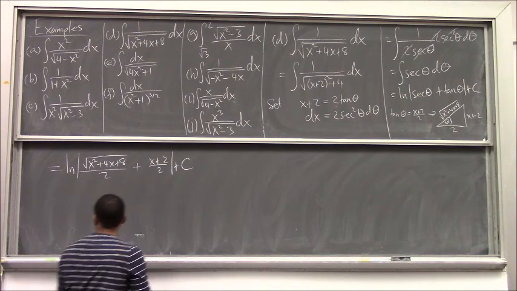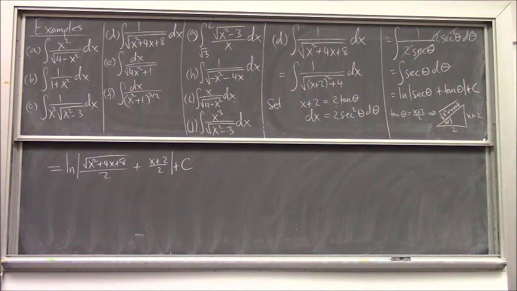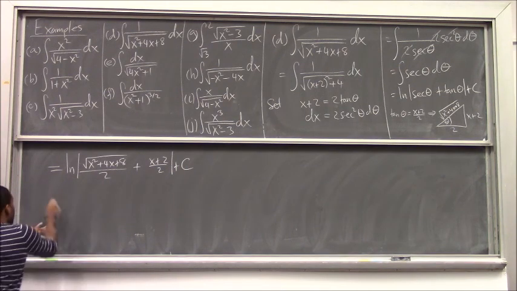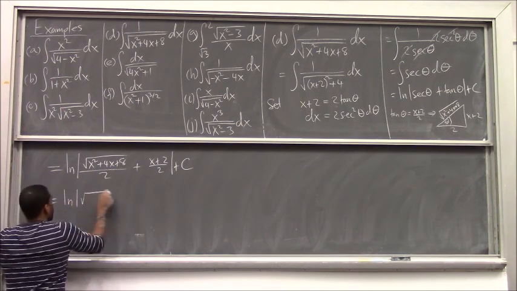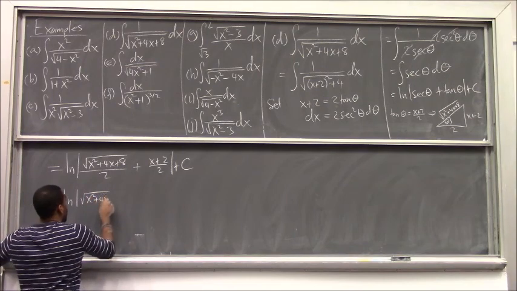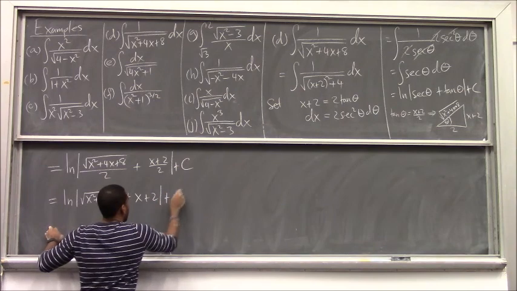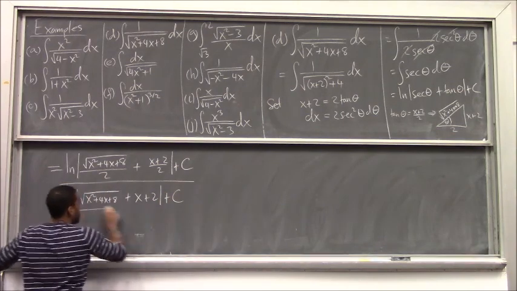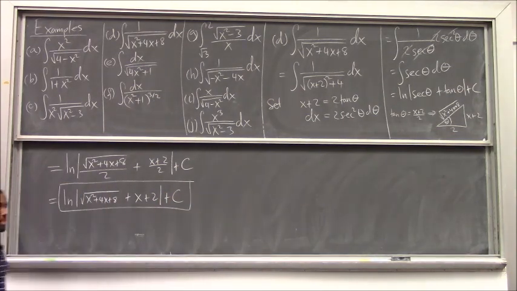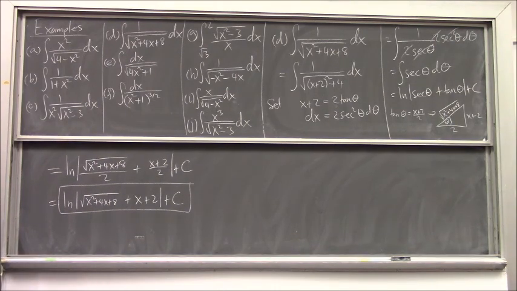Now, I can tell you one thing. If this were a textbook problem and you look at the answer in the back of the book, they would not write the answer to look like that. They would write the answer to look like this. And at this point, someone explain to me, why are these two acceptable? Because the denominators just become minus ln of 2, which is also a constant, so it just becomes c.